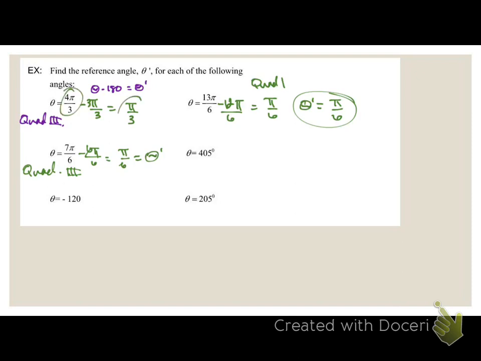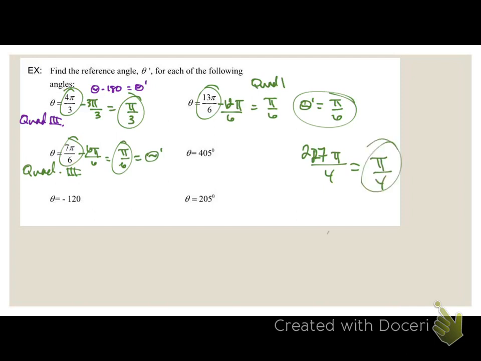4 pi over 3, the reference angle was pi over 3. 13 pi over 6, the reference angle was pi over 6. 7 pi over 6, the reference angle was pi over 6. If I wanted to know the reference angle of 227 pi over 4, it would just be pi over 4, right?